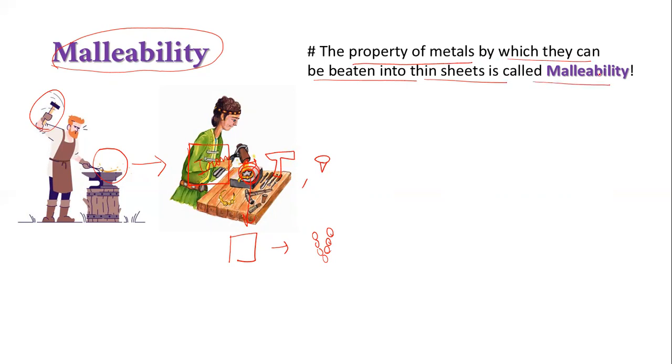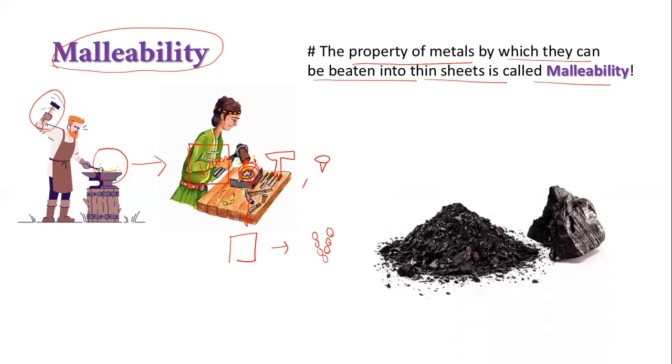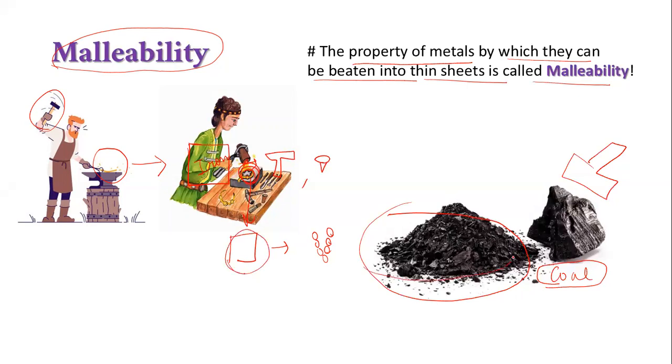It is called malleability. On the other hand, if you see this, it is coal. Have you ever tried to beat a piece of coal? If not, you may try now. What will be the output? If you try to beat a piece of coal with a hammer, you will not get a thin sheet. You will get this powdery mass. So we say that coal does not have the property of malleability.